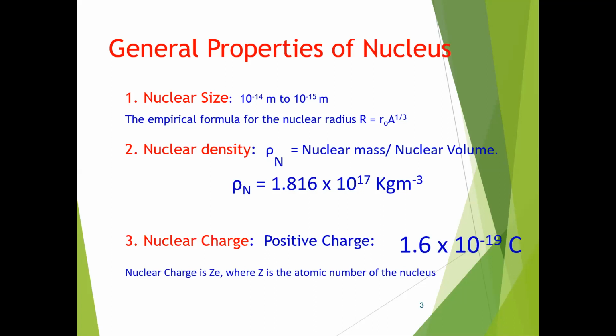They are neither positive nor negative. It's neutral charge. The charge of the nucleus comes only from the protons. The proton charge is 1.6 × 10^-19 coulombs. So if your proton number or atomic number is Z, the total charge of the nucleus becomes Ze.